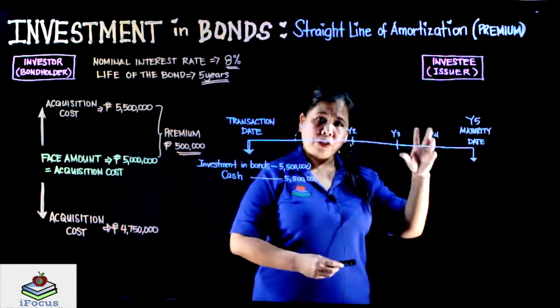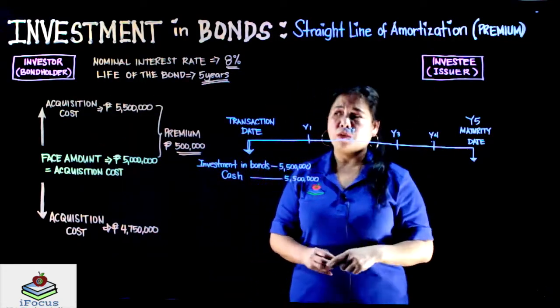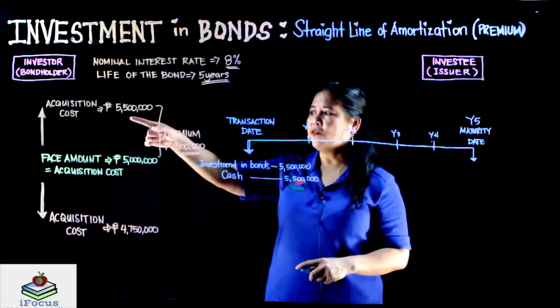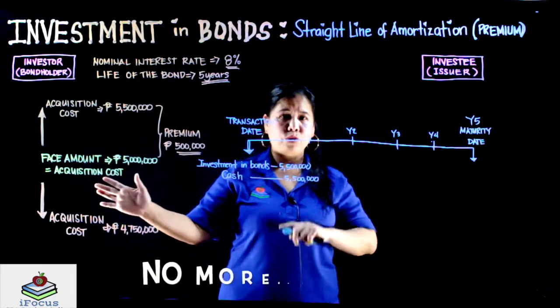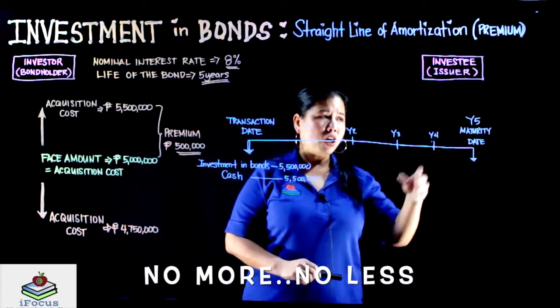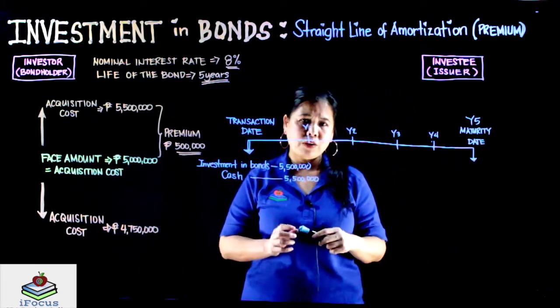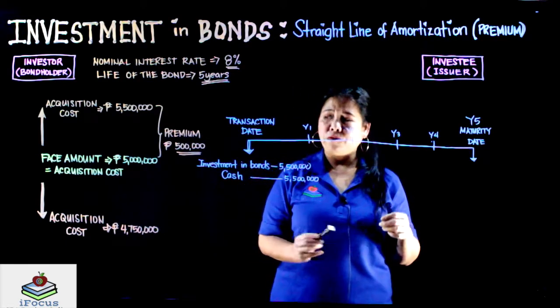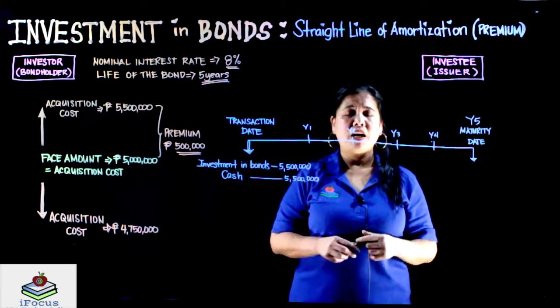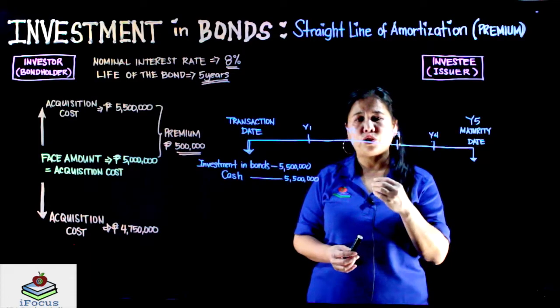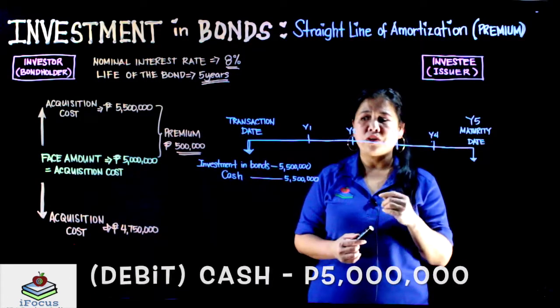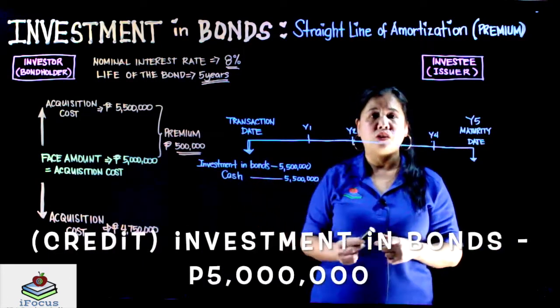Now, on the maturity date, si investee, babayaran niya si investor at face amount. No more, no less. So, on the maturity date, kapag tinanggap ni investor or ng bondholder ang 5 million face amount of the bonds, ang kanyang entry is debit to cash of 5 million and credit to the investment in bonds of 5 million.